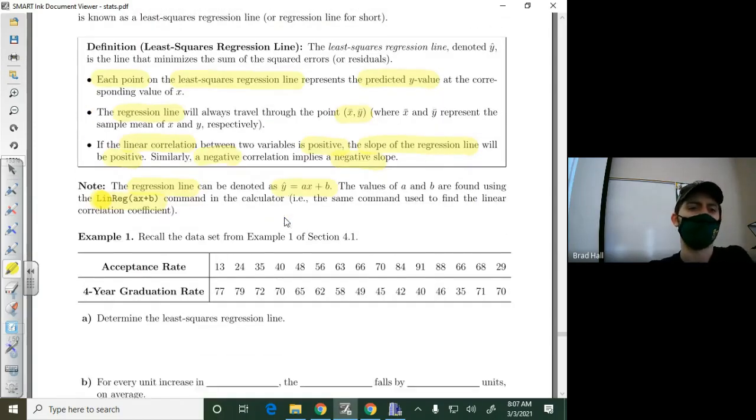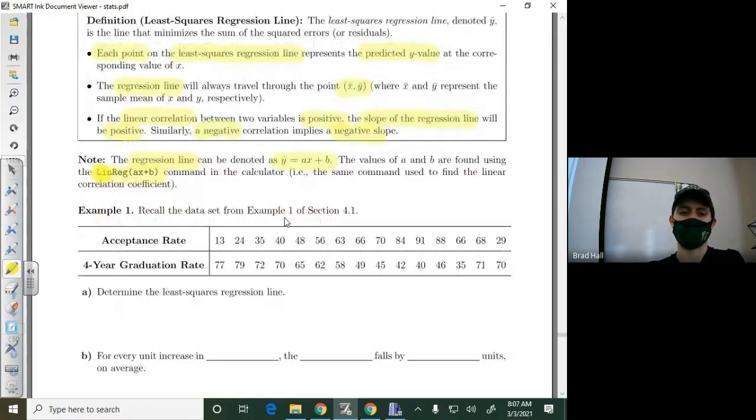So let's go ahead and look at some of the examples here and get an idea of what this looks like. I posted this data set before in the previous section on the acceptance rate. Out of all the applicants that apply to a school, how many of them are actually accepted?